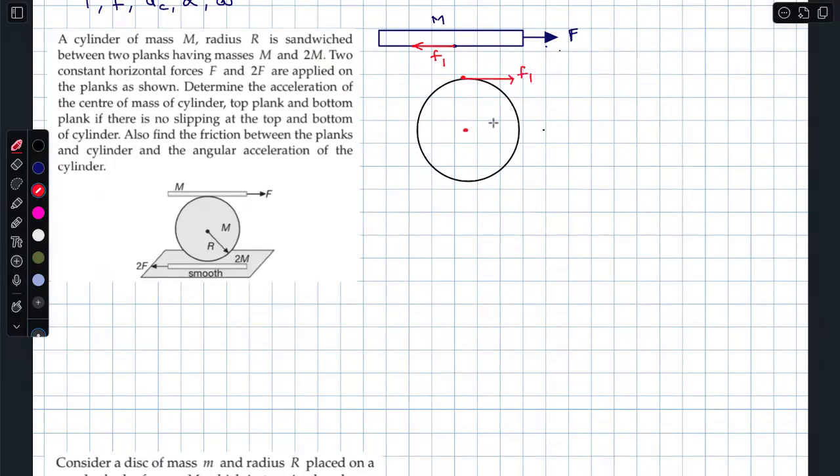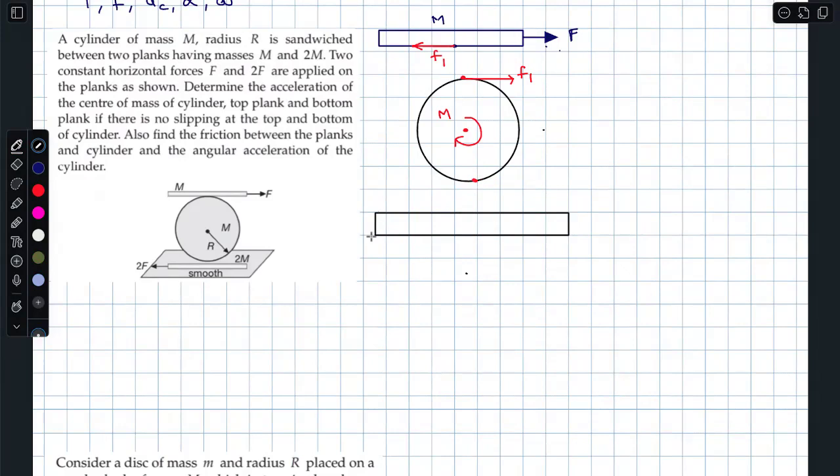F1, capital M, and you are applying force F here. So obviously you will have no idea about F2 actually. If it is a floor, I would have written in this direction. But remember, lower plank also, if it is a ground, undoubtedly I would have taken friction beneath the cylinder in the rightward direction.